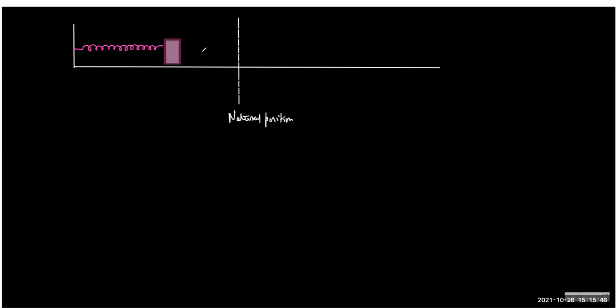The block is somewhere here, and it is being compressed.